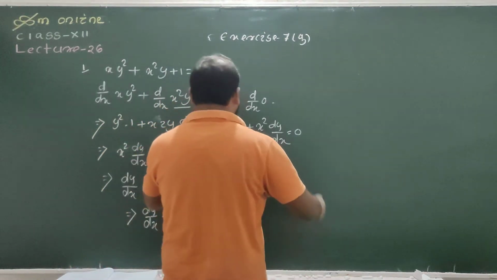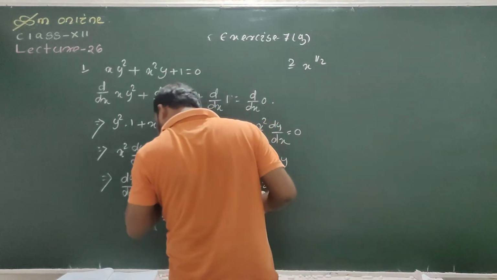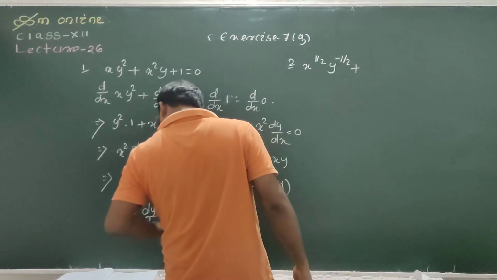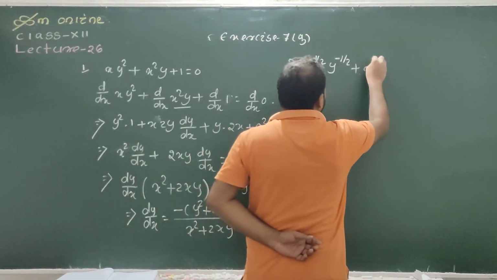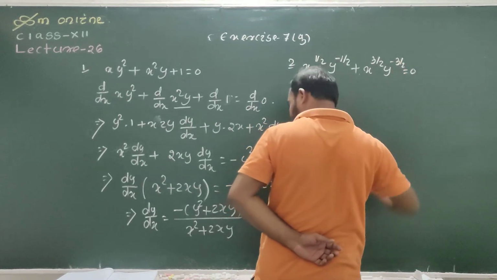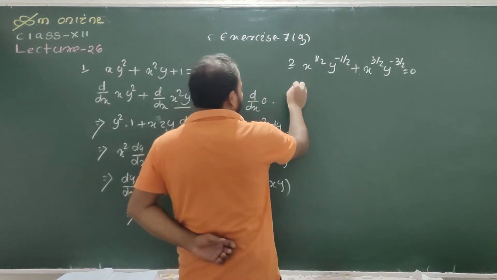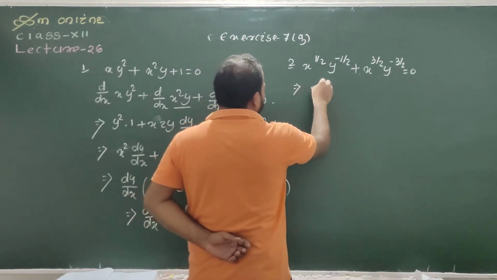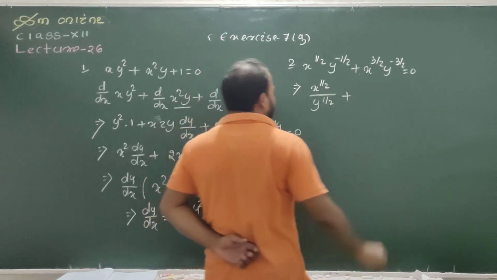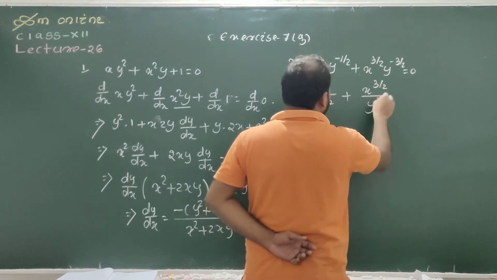x to the power half into y to the power minus half plus x to the power 3 by 2 into y to the power minus 3 by 2 equal to 0. First it is simplified: x to the power half divided by y to the power half plus x to the power 3 by 2 upon y to the power 3 by 2.